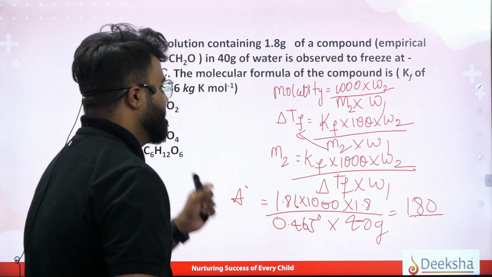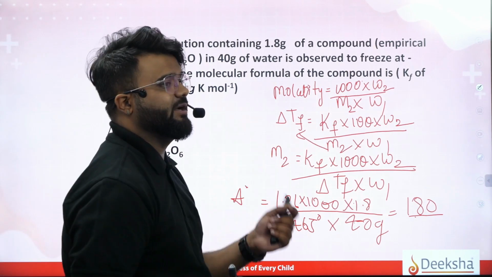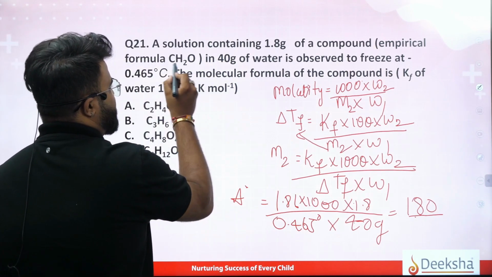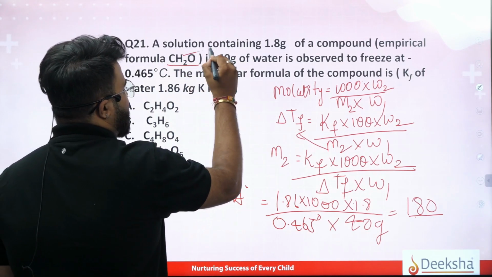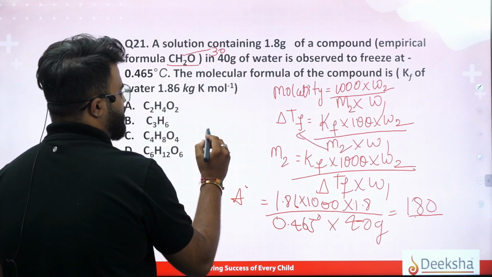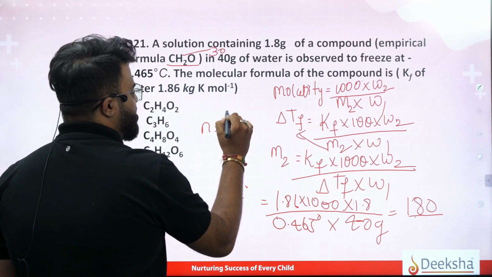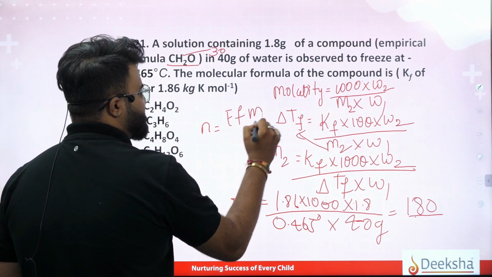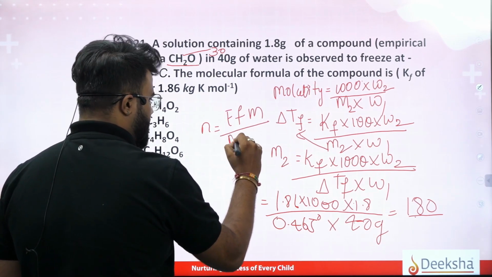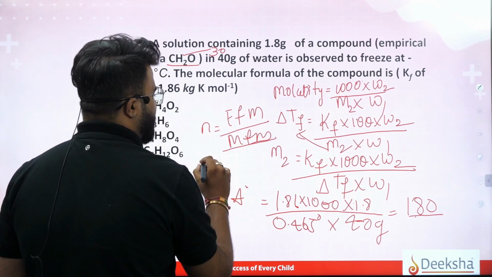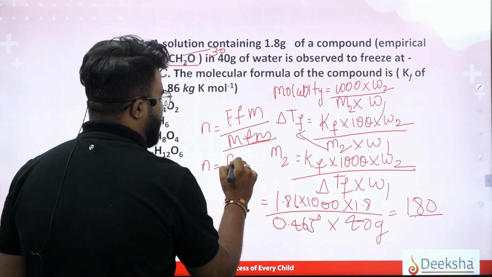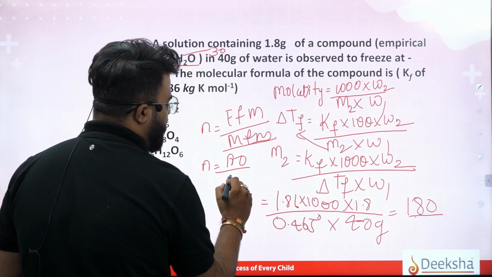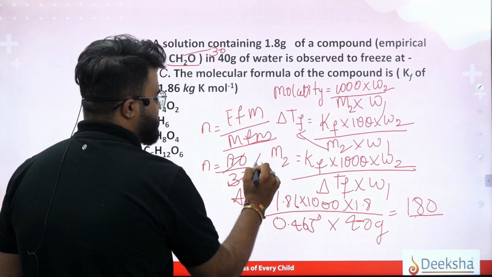So we know that the empirical formula mass of CH2O is 30. We know that N is equal to the molecular formula mass divided by the empirical formula mass. So N is equal to 180 divided by 30, which is 6, right?